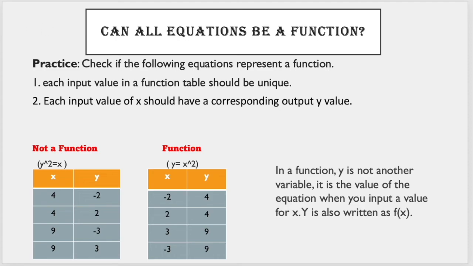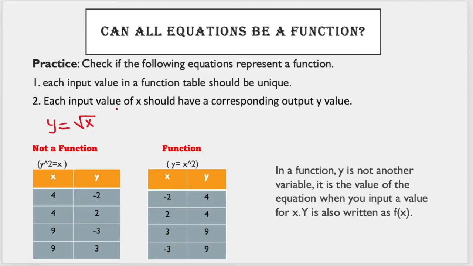The value of the function is always y, not y squared. So what is the value of y? We know that y squared equals x. So the value of y would be the square root of x. So whatever you input for x would give you the value of that function.